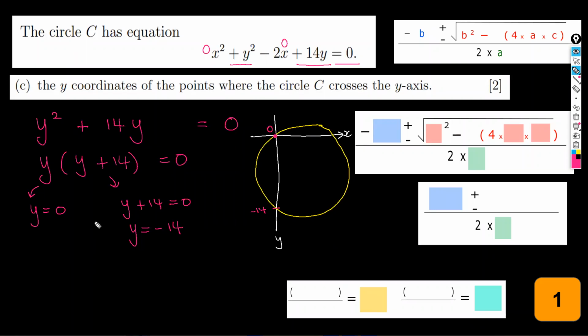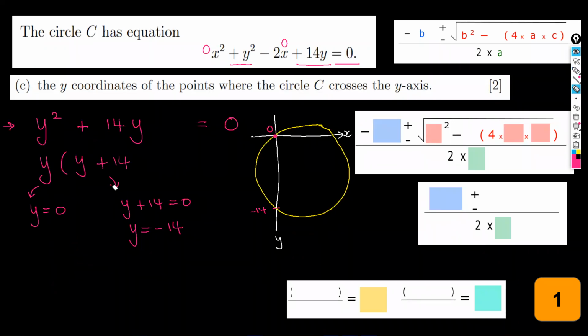But I want to get this 0 and minus 14 by a different method. I want to use the quadratic method. Look at this equation here. We know this is a quadratic. It has a y squared, it has a y, so it has a b, but does it have a c value, this quadratic here?